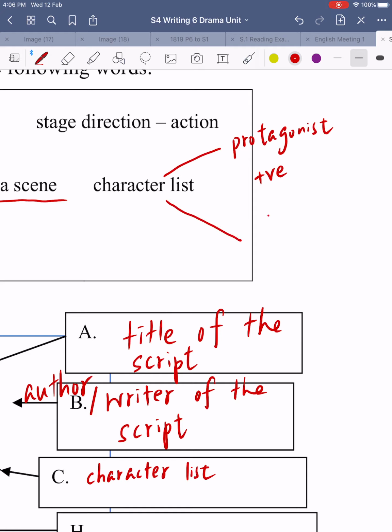However, we have the opposite, antagonist. What is the meaning of antagonist? As we have positive characters in a drama or story, we also have the opposite, negative characters. We call the negative characters antagonists.